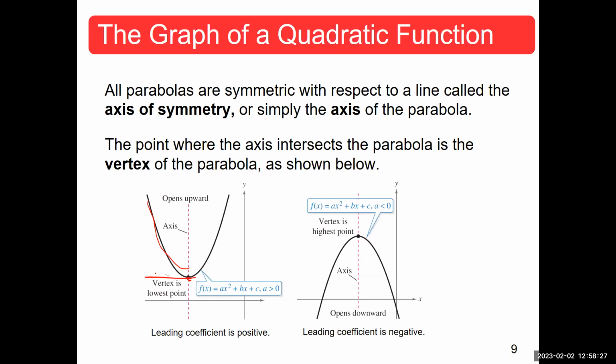So this is the lowest point. If I ask you what's the minimum of the quadratic function, if it's facing up, it is the vertex. Now if it's facing down, the vertex is still the maximum location. So if it's facing up, we have a minimum at the vertex. If it's facing down, we have a maximum at the vertex.